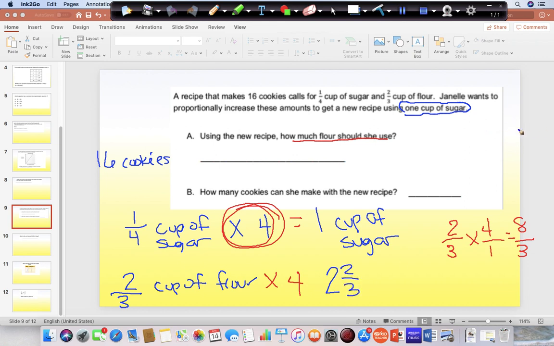Again, if you need to do that by putting 8 in the house and dividing by 3, 3 goes into 8 2 times, that's 6. And we're left over with 2. Bring your 2 up and your 3 will follow. 2 2/3. Either way you look at it, our answer is going to be 2 2/3 cup of flour.